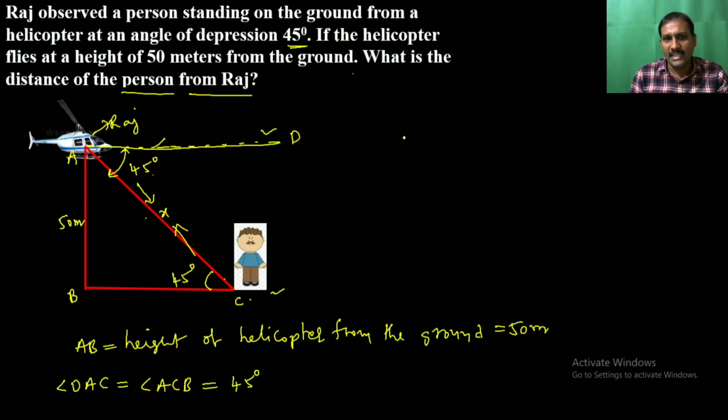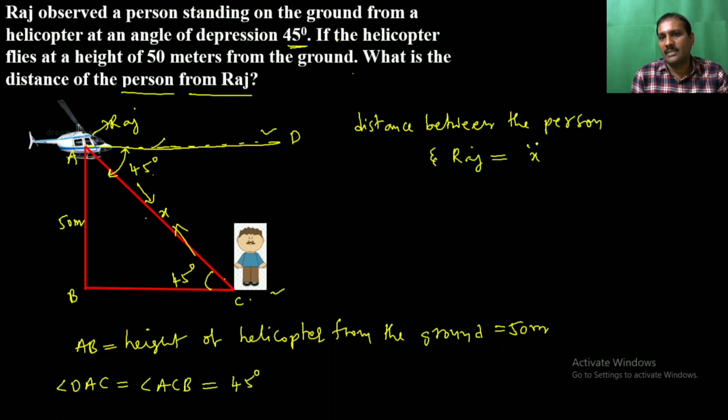And BC, so what we have to find now? The distance between the person and Raj is equal to x meters. So let us say this is x.